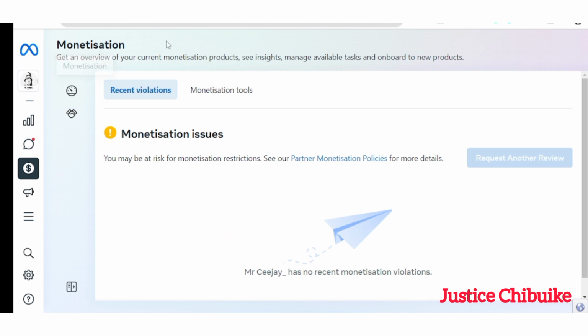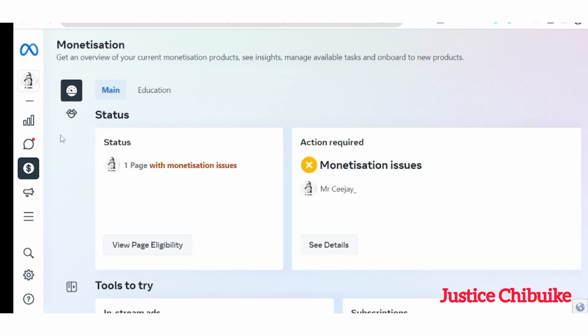So what are the solutions? Now let's go back to the solution. Now, how do you resolve this stuff? So if you violate any of these monetization issues, or if you have a notification on your page that you have monetization issues, since we have gone through the things that are likely to cause monetization issues on your page, what you are going to do now is to review your page, take time, go through your page, refer to what we have discussed earlier.